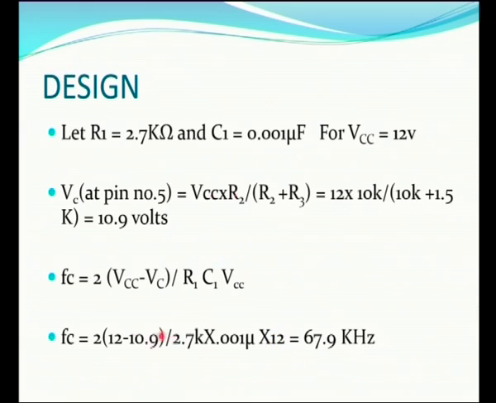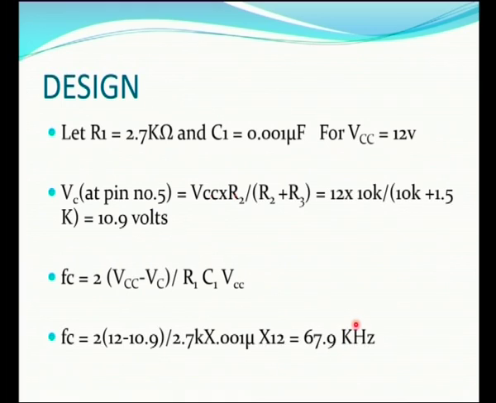Once you substitute all these, you will get your carrier frequency or the free running frequency of the VCO to be equal to 67.9 kilohertz. Once you have made the circuit design, you can view this across the CRO, whether you are able to get the same designed value of 67.9 kilohertz being the free running frequency of the VCO.